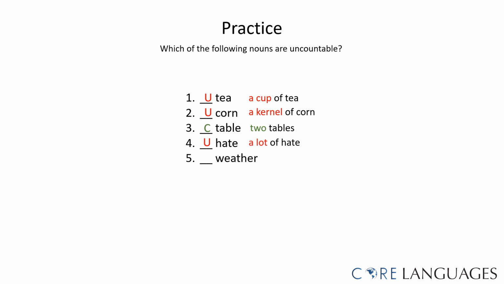So we can say, I have a lot of hate. How about number 5, weather? Weather is also uncountable. We could say a type of weather or different types of weather.